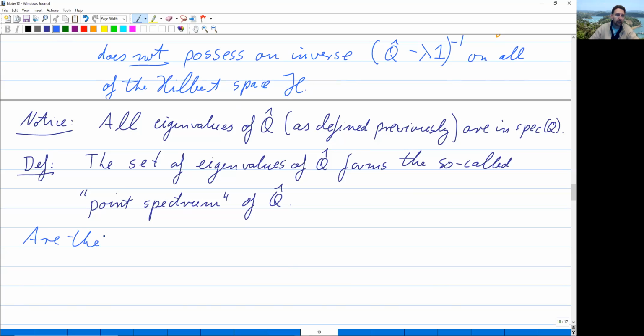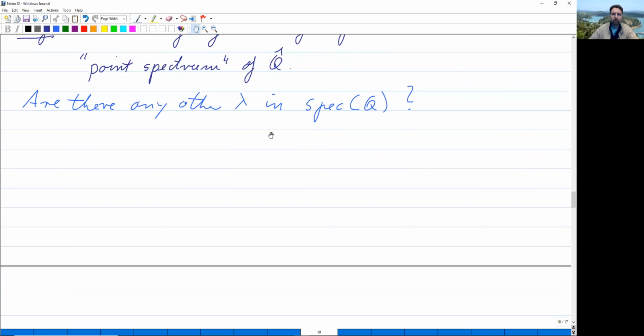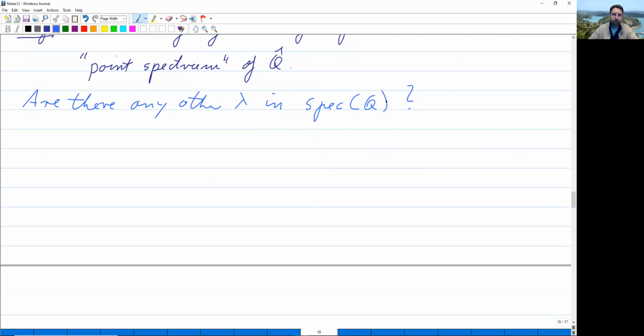Are there any other lambda in the spectrum of Q? Well, that depends obviously on the operator Q, but how could it happen? Yes, there can be others.